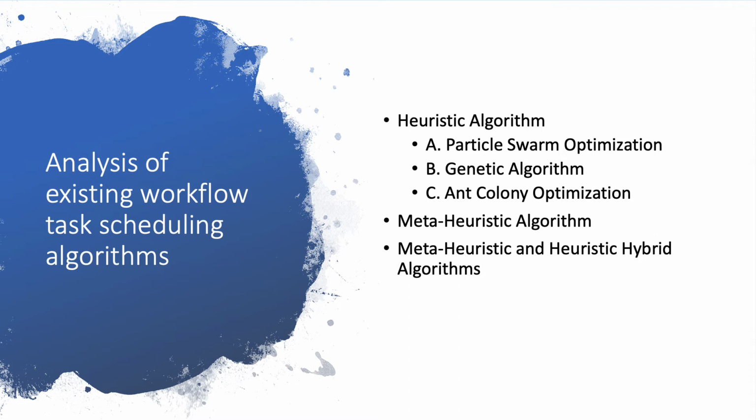Heuristic algorithms are proposed related to optimization algorithms. Heuristic algorithms mainly include particle swarm optimization, ant colony optimization, and genetic algorithm. In particle swarm optimization, the dimension of the particle is the number of workflow tasks. Each position of the particle represents a mapping between the resource service and the workflow tasks.